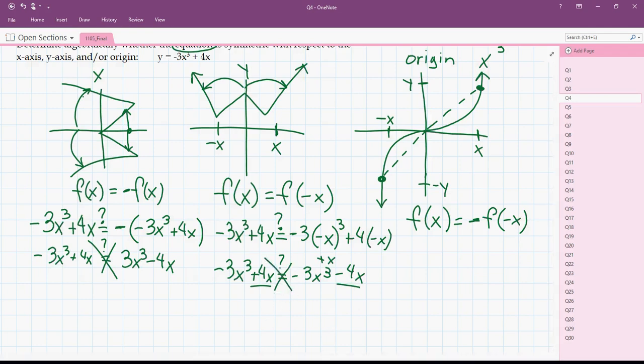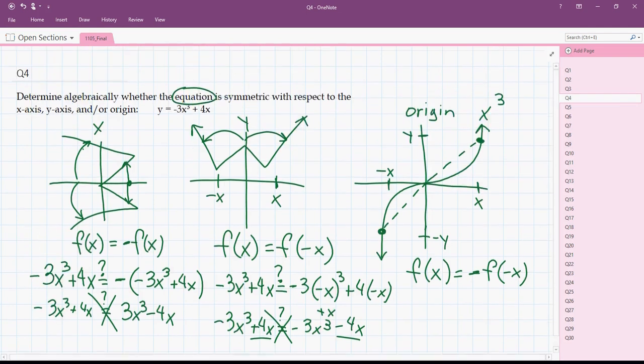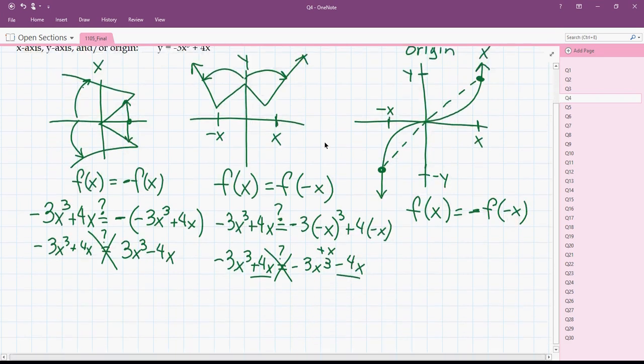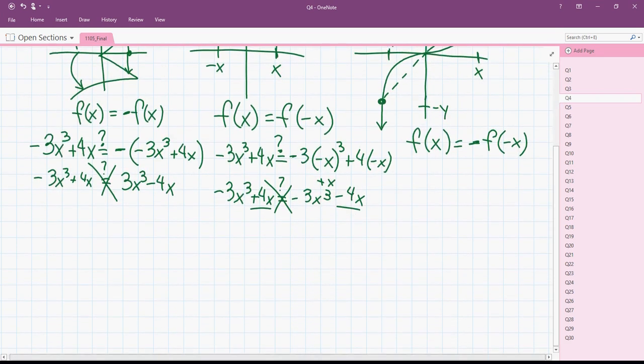This is not x-axis nor y-axis symmetric. So then we're going to try whether it is origin symmetric. For origin symmetric, we need f of negative x, which we have already. So f of negative x is this. And if we negate those, so negative 3x cubed plus 4x, that we can just get from here.